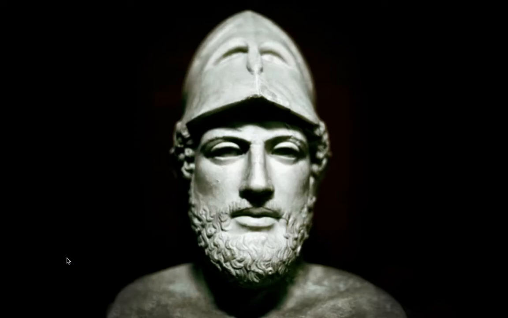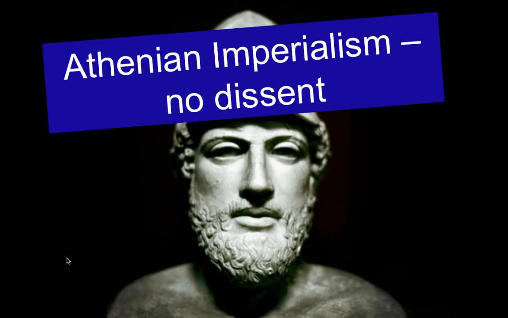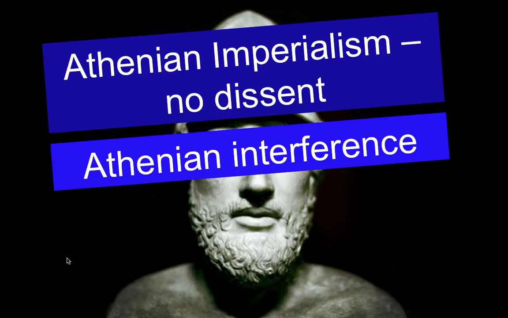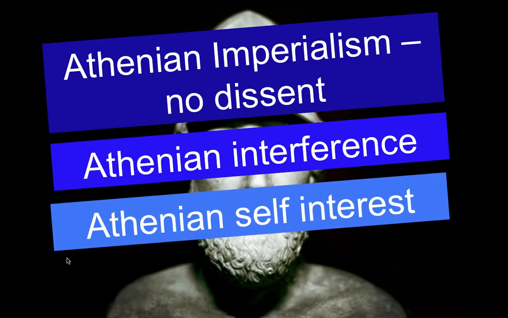What we can see out of these three key events are three key things emerging. Number one, the Athenians showing no dissent at all, particularly in regard to Megara and Potidaea. No dissent allowed. Athens would always want to regain control of any dissenters. Athenian interference and Athenian self-interest.